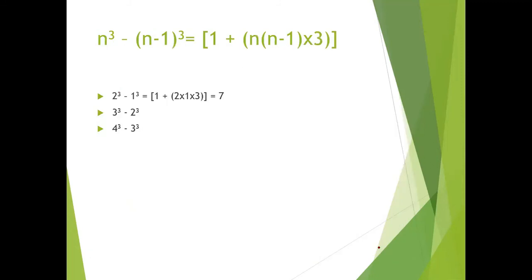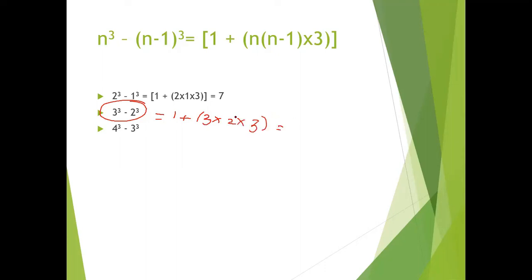The next interesting pattern is n cube minus n minus 1 cube is equal to 1 plus n into n minus 1 into 3. It is very easy to remember, and if a question comes like this, you can easily write the answer as 1 plus 3 into 2 into 3 again.